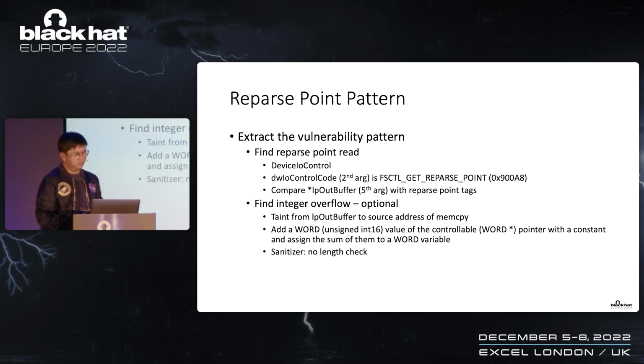In the second step, we want to find the integer overflow exactly. To do that, we will do taint tracking from the output buffer to the memory copy, and we will check if there is a WORD value plus a constant and the sum is assigned to a WORD value, which leads to the integer overflow, and we will also make sure there's no integer overflow check.